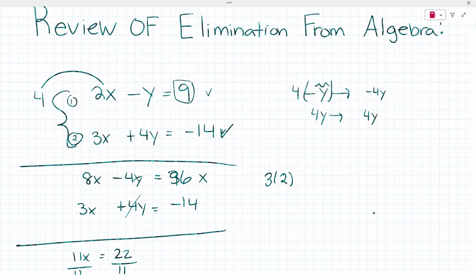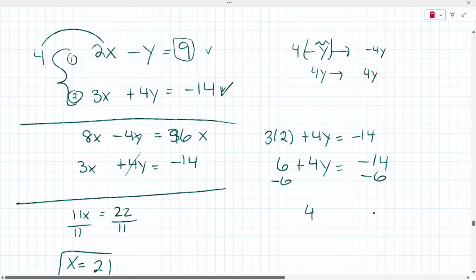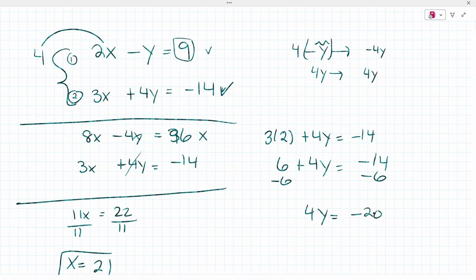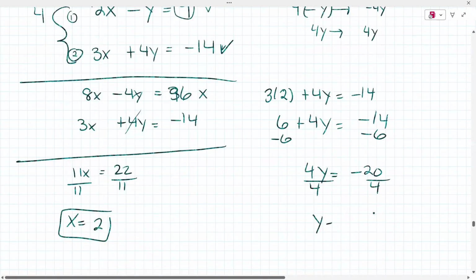Plug in 2, so 3 times 2 is 6 plus 4y equals negative 14. Then solve for y: subtract 6. Negative 14 minus 6 is negative 20. Divide by 4 and I get y equals negative 5.